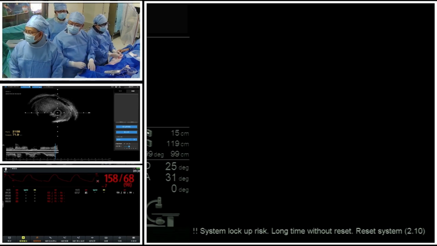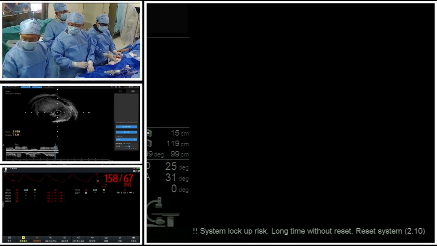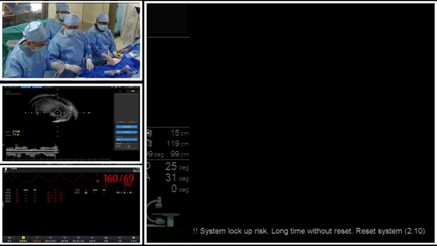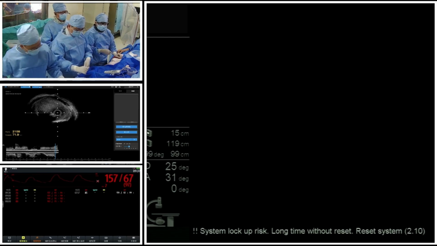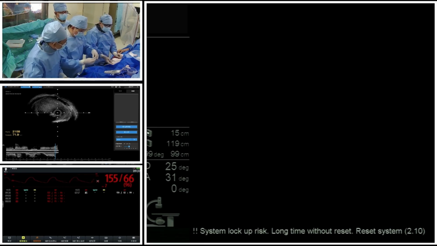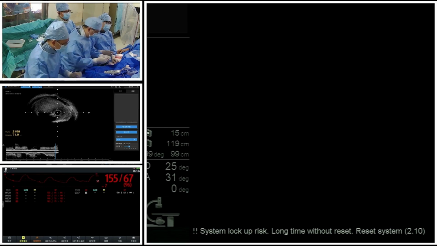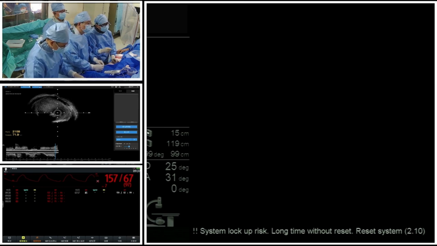So after the IVUS, do you think the preparation is good enough for the stenting? Yes. The IVUS shows several fractures of the calcification, and also we will perform pre-dilation with NC balloon.